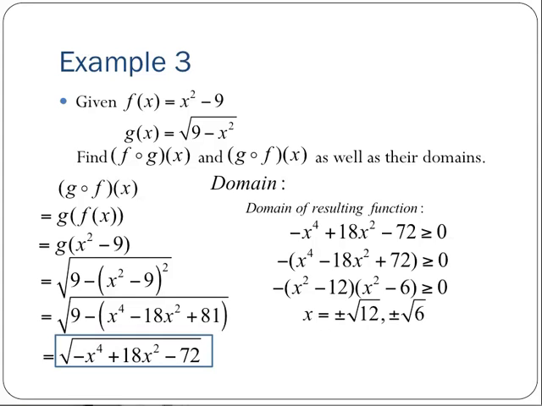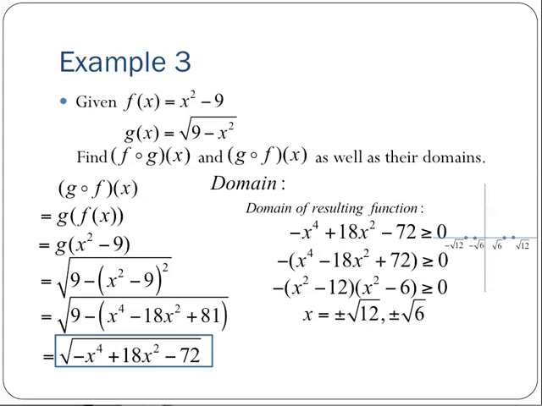So for now, let's just see what this graph looks like. Now this is a graph of degree 4, and we have 4 roots at negative root 12, negative root 6, positive root 6, and positive root 12.